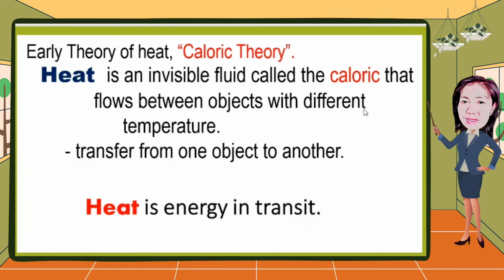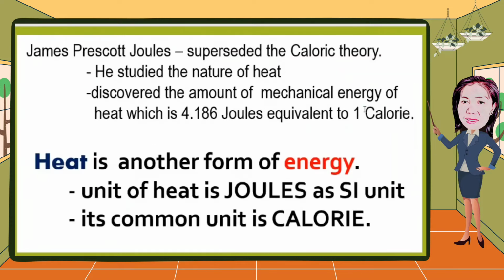But another scientist, James Prescott Joule, superseded it. What do you mean by superseded? Superseded means he overcame the theory of caloric. And he studied the nature of heat.